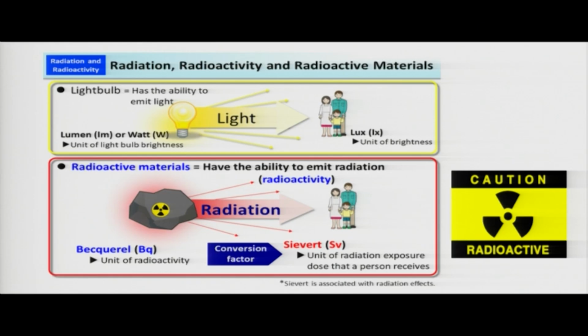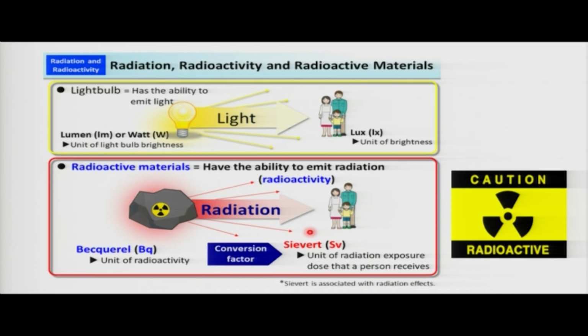There are different forms of radiation, but in most cases, you can't directly see it. That's why I related it with the bulb. There is radiation being produced from a radioactive material, and this process of emitting radiation is what we basically call radioactivity.